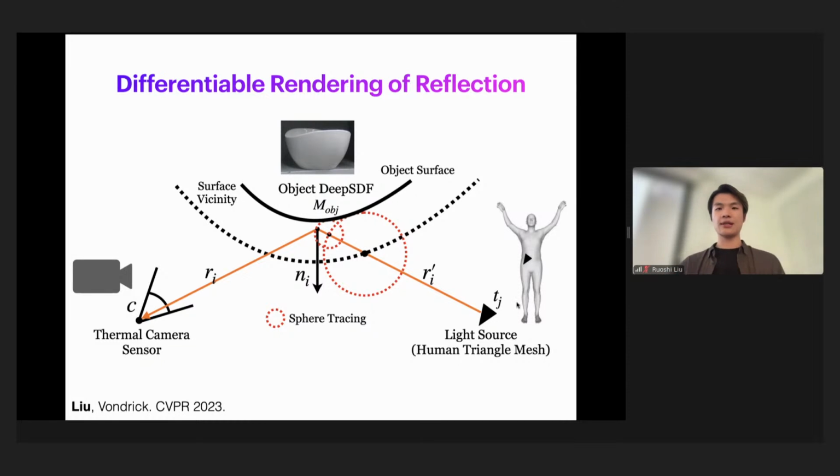With that, you could calculate the distance from this emitting ray to all of the triangles on the human body, because you also have the coordinates of the 3D human body triangle meshes. So for every pixel, you have a distance from the emitting ray to all of the triangles of the human body. With this information, you could do soft rasterization with the exact same loss function and optimization process as the 2019 CVPR paper.